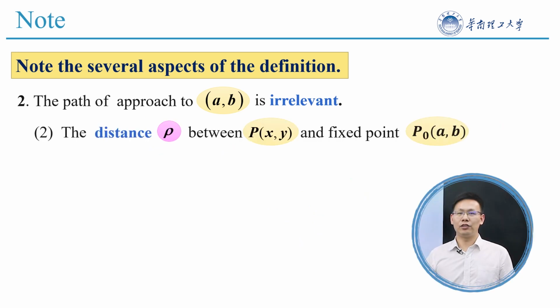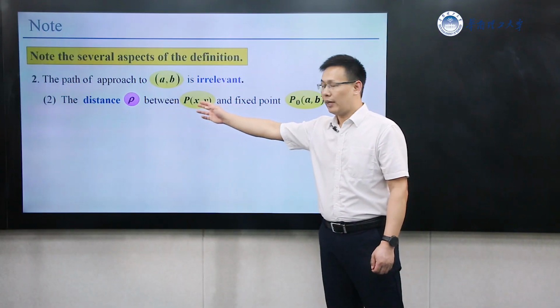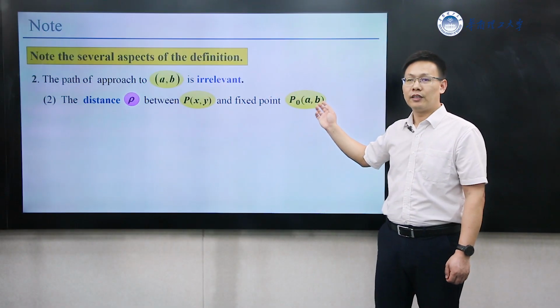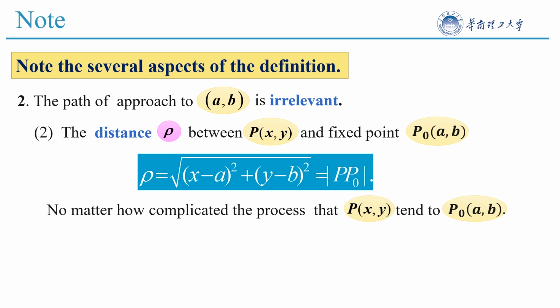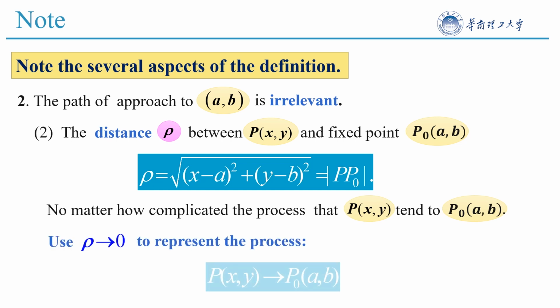If we denote rho, the distance between P and P0, that is, rho equals this expression, then no matter how complicated the process that P approaches P0, we can use rho approaching 0 to represent the process of P approaching P0.